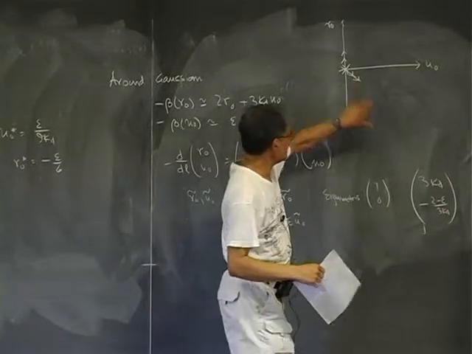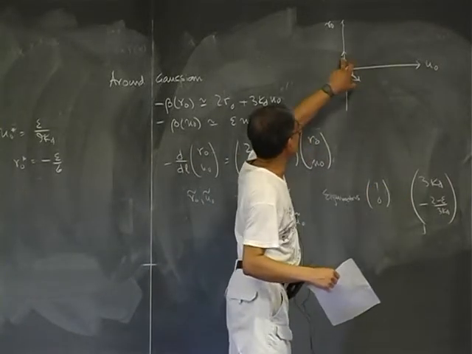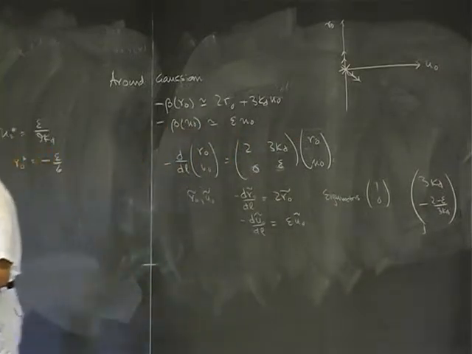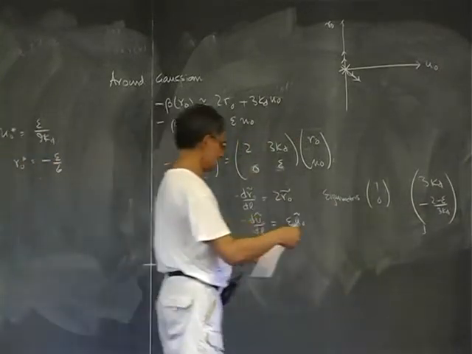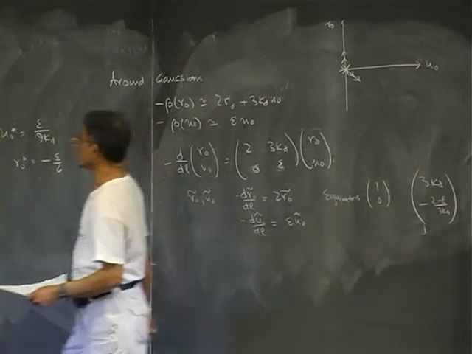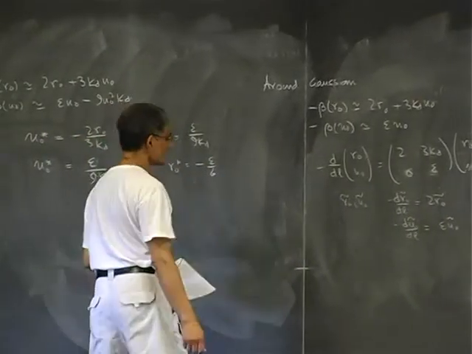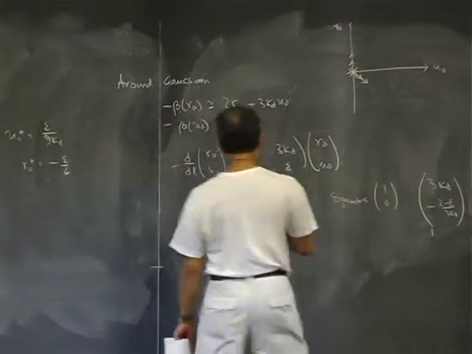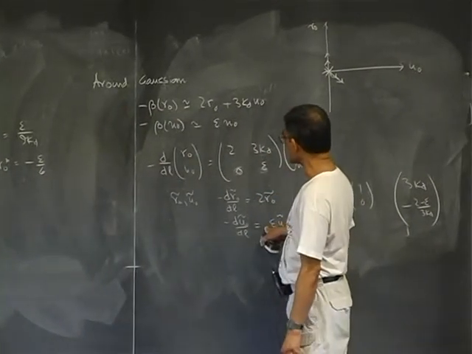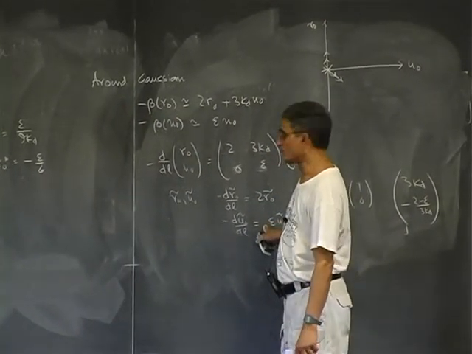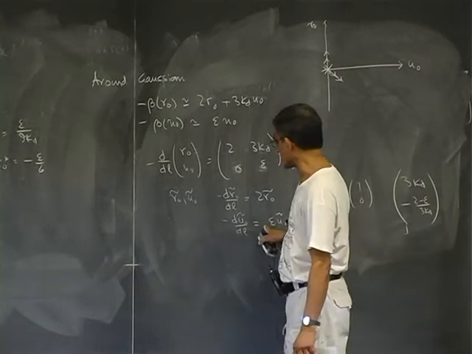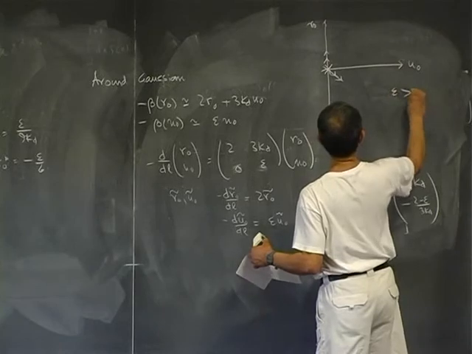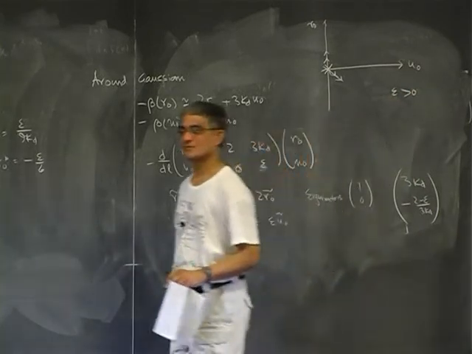This was this eigenvector and that one is that eigenvector. Now I have to do the same thing around the Wilson-Fisher fixed point. Both these coefficients are positive, which tells you both of them are relevant operators if epsilon is greater than 0.